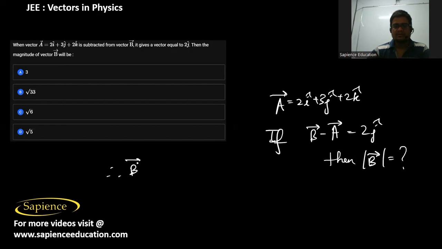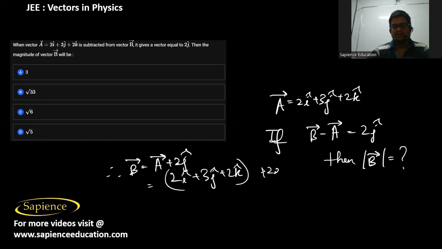So therefore B vector will be equal to obviously A vector plus 2 j cap. So A vector is how much? 2 i cap plus 3 j cap plus 2 k cap plus 2 j cap. So this will be 2 i cap plus 5 j cap plus 2 k cap.